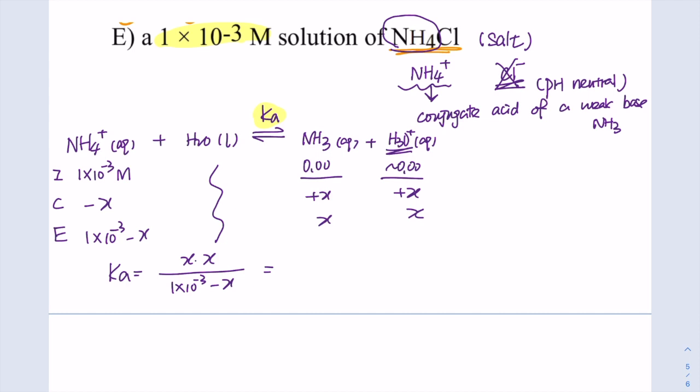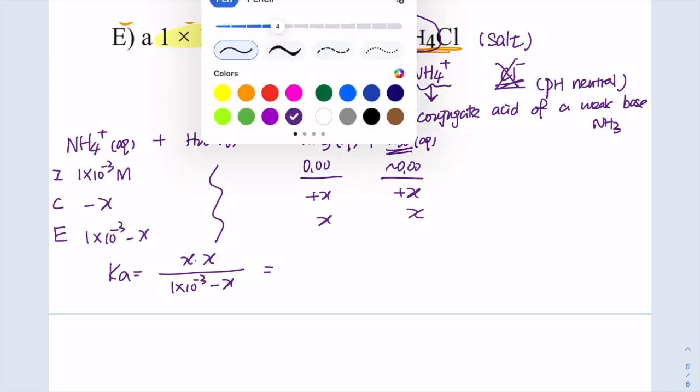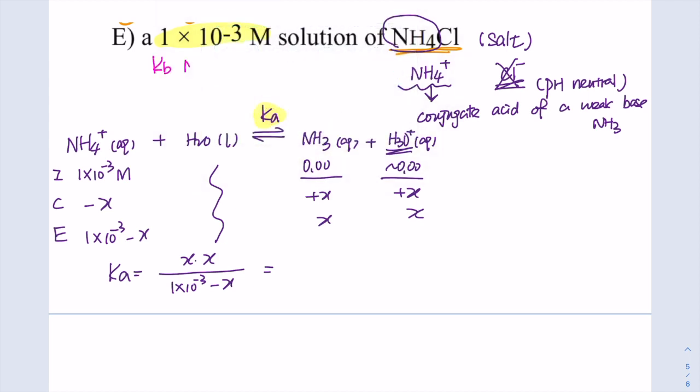If this is an actual assessment question, then we have to provide a value for you. So say if we give you the Kb value for ammonia, are we able to calculate the Ka value for ammonium ion? I believe so, right? Using Kw divided by Kb.